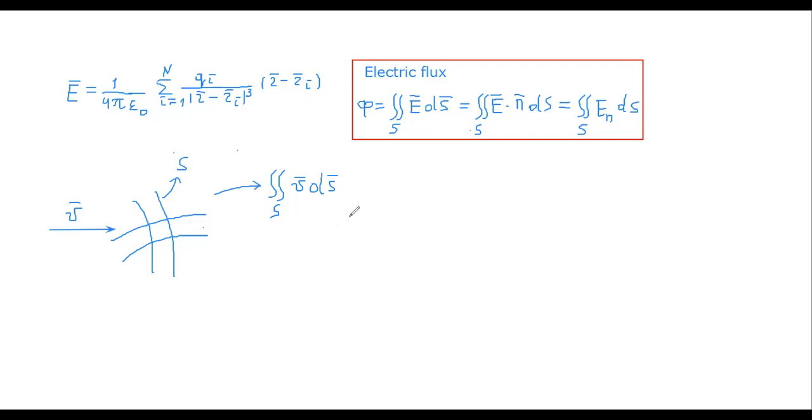It will be flux of water through the net, and it is the volume that passes through the net during 1 second. And because these are similar expressions, we have the name electric flux.